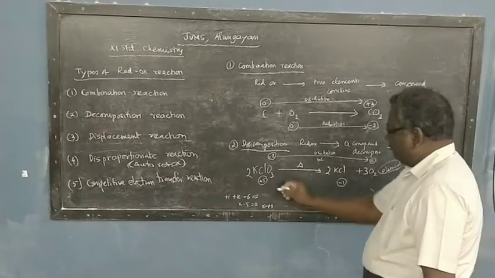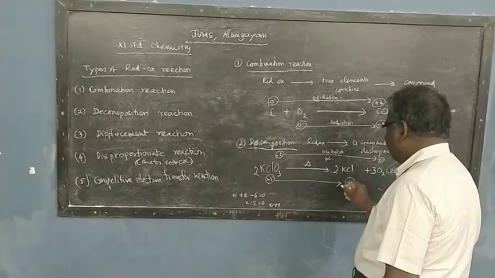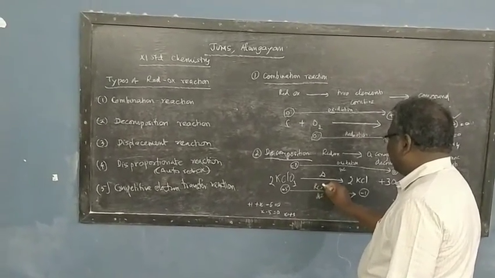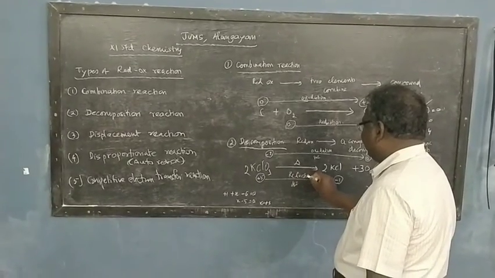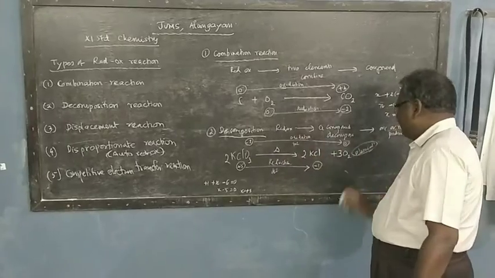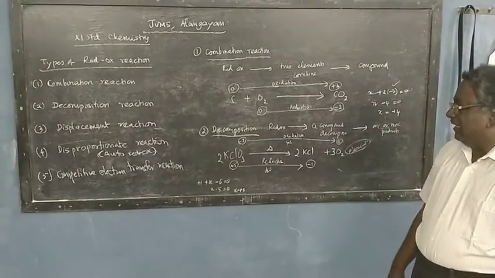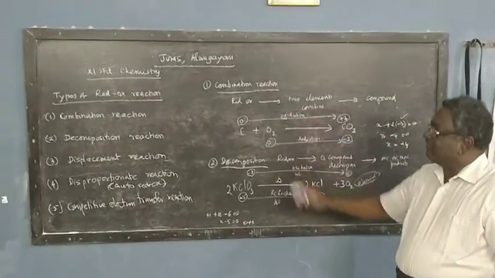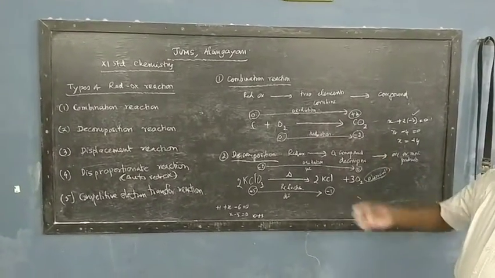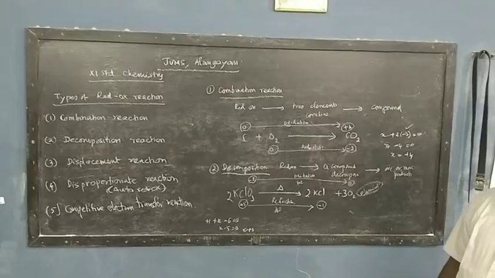Right? Therefore +5 is decreasing to -1. Therefore this is undergoing what reaction? Reduction reaction. அப்ப chlorine reduction நடக்குது, oxygen oxidation நடக்குது. Right? So these two reactions have reduction as well as oxidation. Therefore they are considered as types of redox reactions.